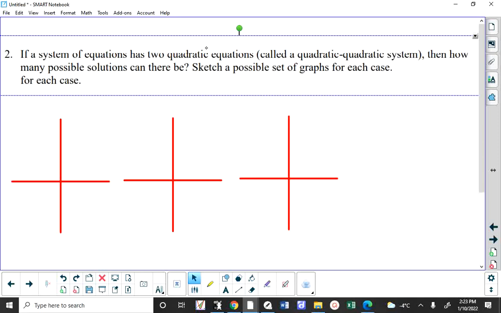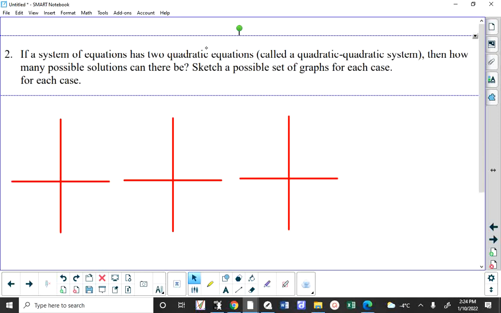Let's start with 0. Is it possible that a quadratic system of equations can have no solutions? Well, if it is, then that means it's possible for 2 parabolas to never intersect. And there's lots of ways that can happen.